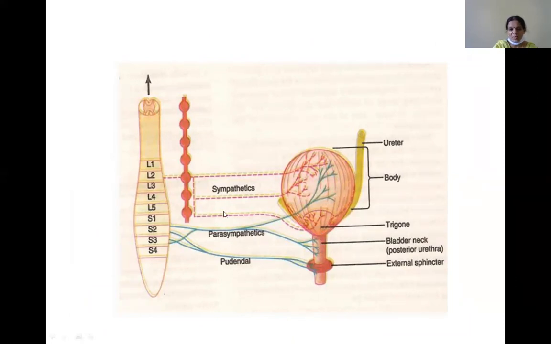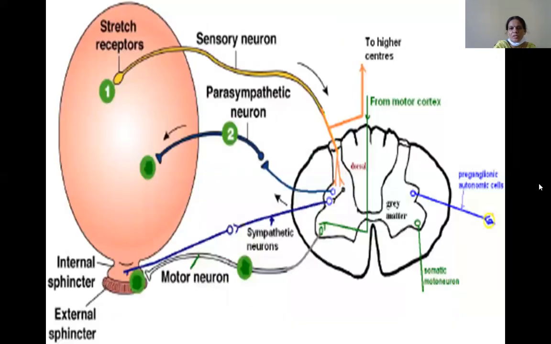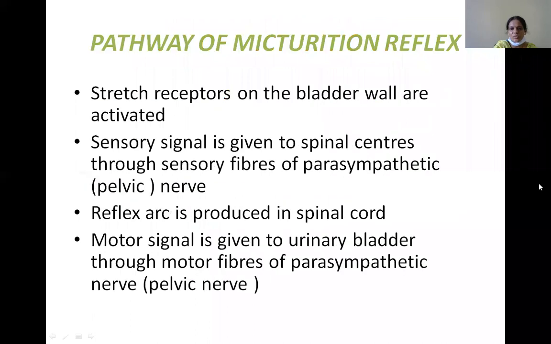That is why the parasympathetic is termed the nerve of micturition, whereas the sympathetic is called the nerve of filling, as it comes from the hypogastric nerve and causes relaxation of the detrusor muscle as well as contraction of the internal sphincter. And you have voluntary control by means of the external sphincter, which is supplied by the pudendal nerve, a somatic nerve. So that is how the micturition reflex takes place.